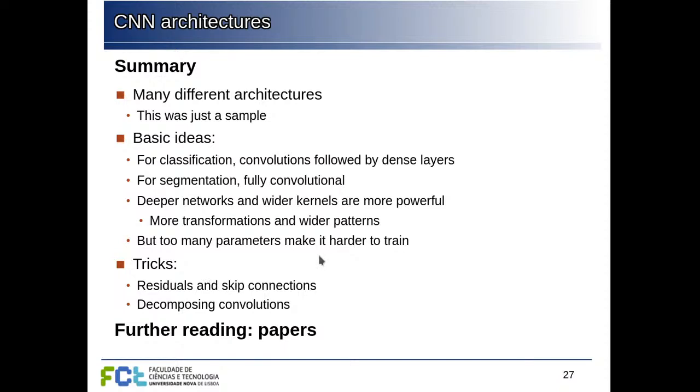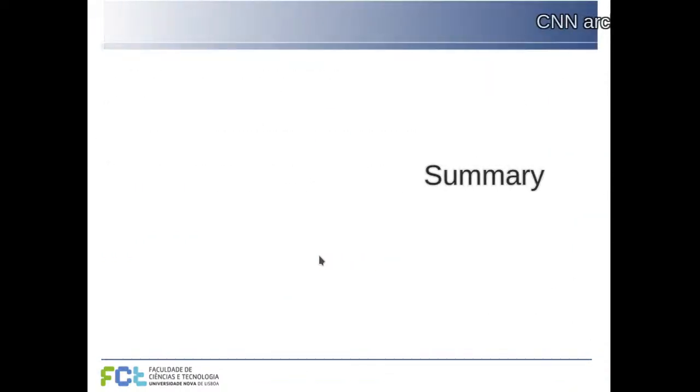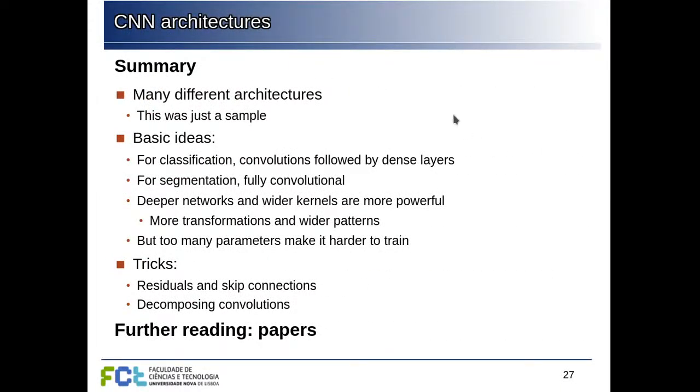For further reading about this subject, I would recommend taking a look at the different papers. You have the references in the lecture notes. You don't need to study them in detail. The level of detail that you need for the course is this one that I covered in the slides. But if you are interested in these different architectures, then the papers give you a good insight into the reasoning behind these different approaches.